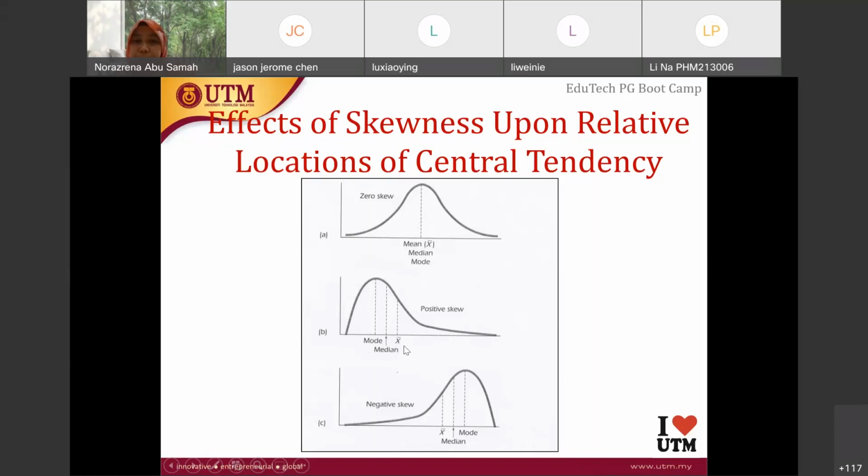So this is the negative skew. For positive skew, the tail is on the right. For negative skew, the tail is on the left. For this one, the mode is larger than the mean, and the median is always in the middle.